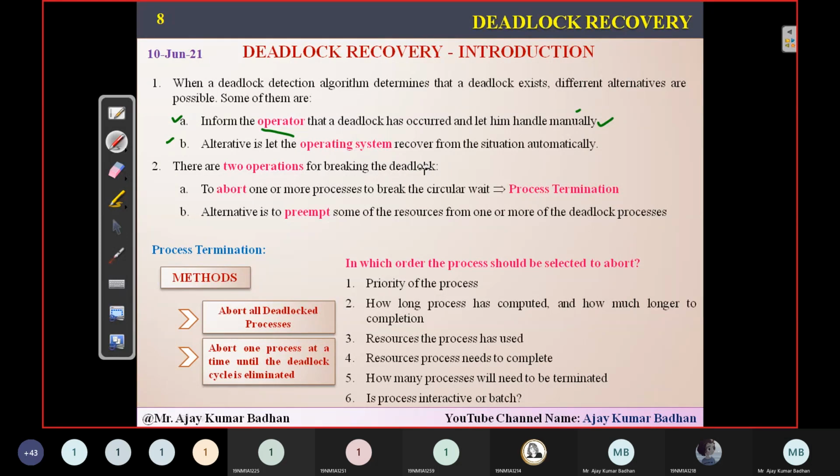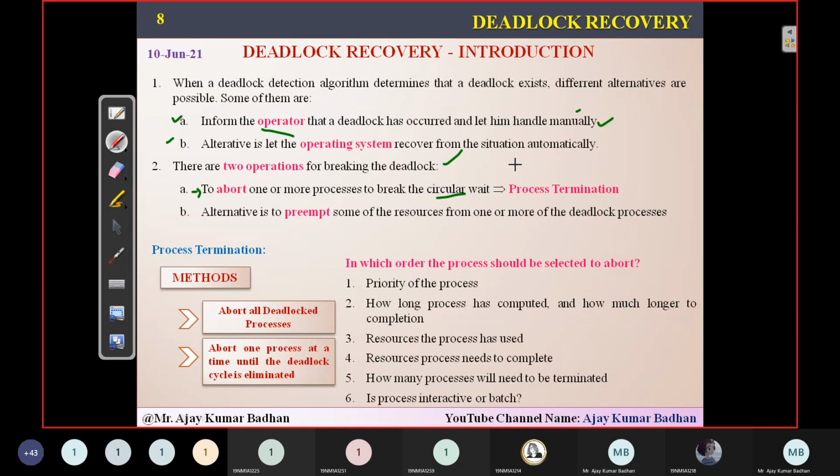And when the operating system tries to recover from this situation, there are two things it is going to perform. What are those? First, it will try to abort one or more processes which are in a circular wait condition. I think you people know about circular wait; we already discussed it in deadlock prevention. So it will try to terminate the processes which are in a deadlock state.